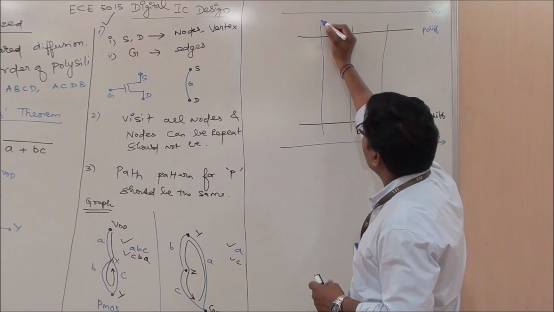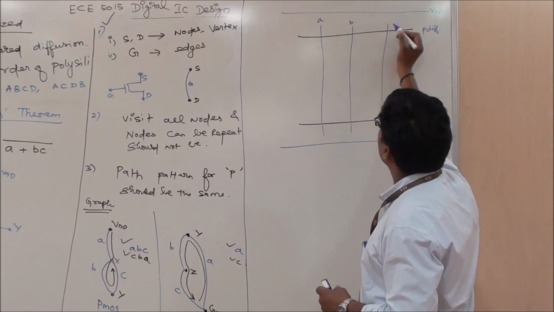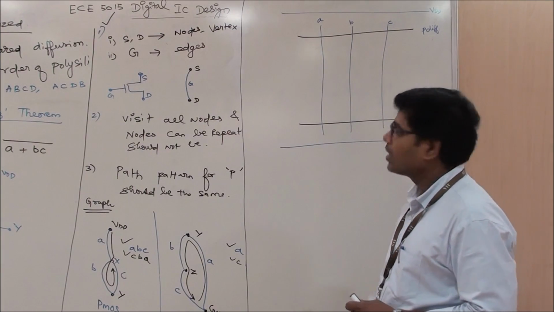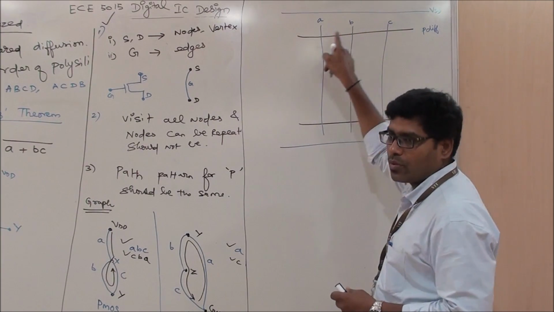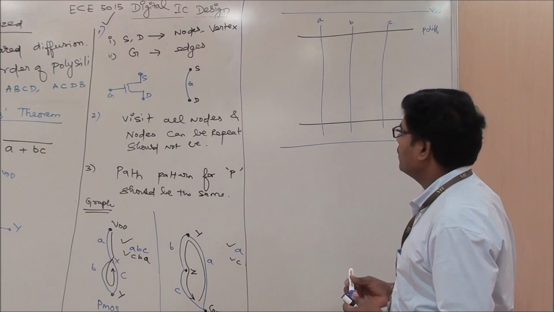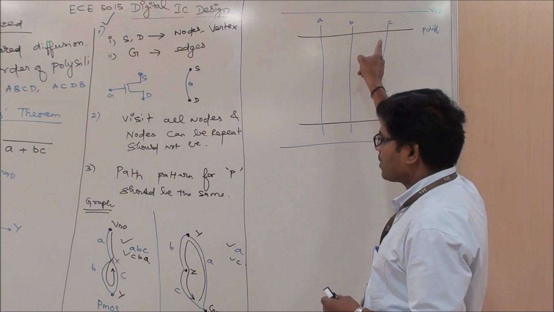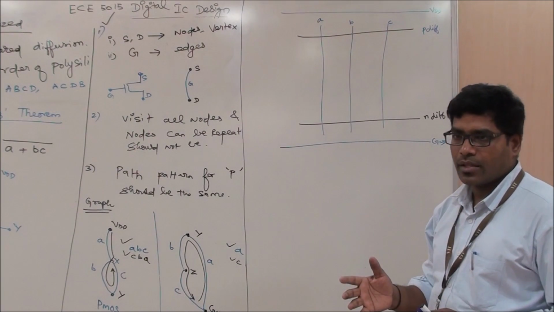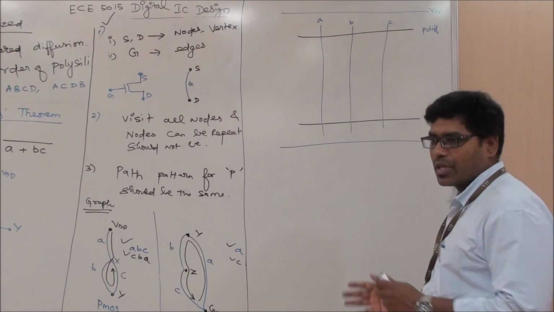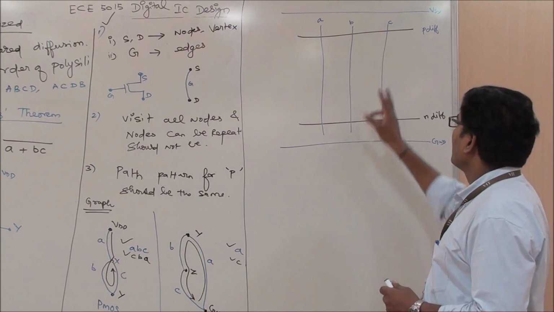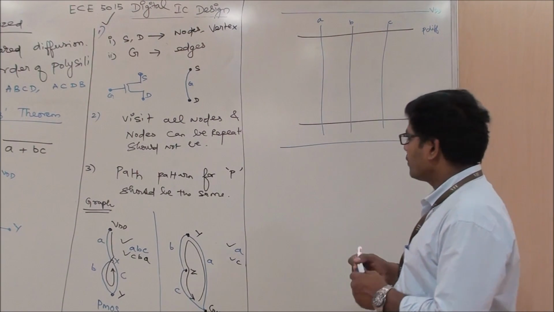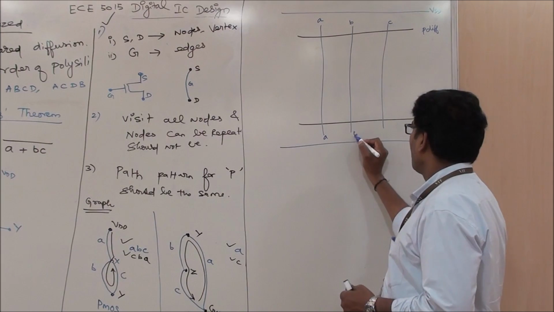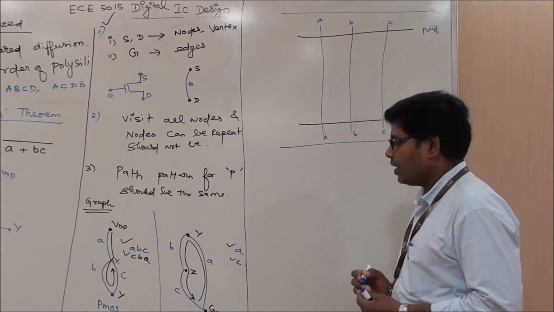So this is my A, B and C, three polylines. See, this order is important. Only this order makes my network optimized in the way of sharing the diffusion. So you are using three polylines in the order of ABC.